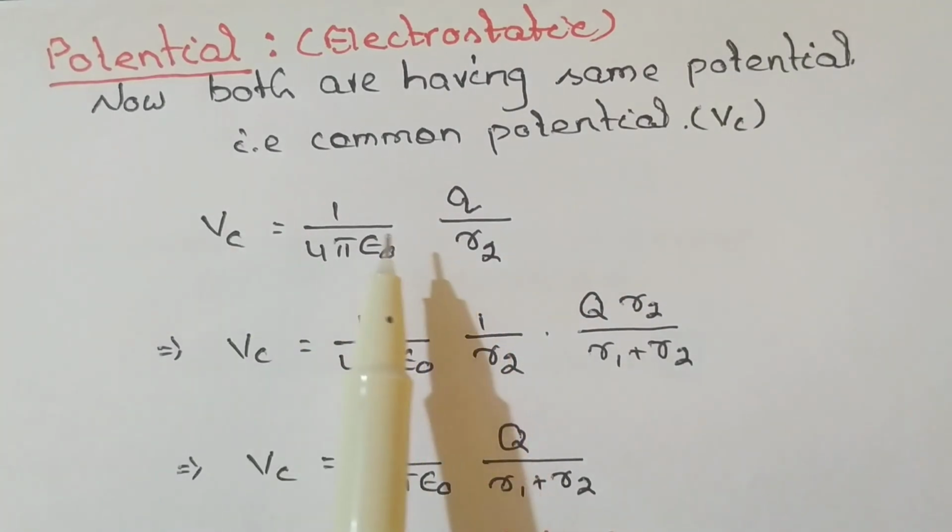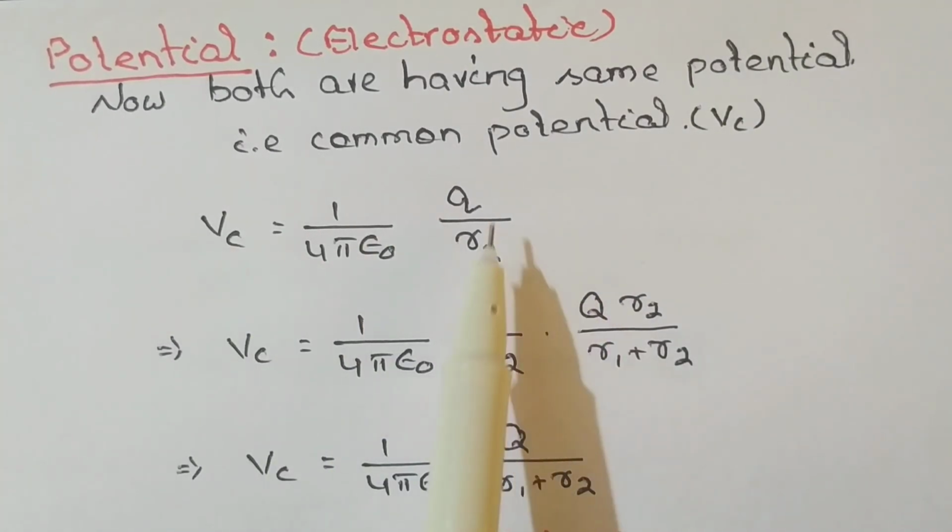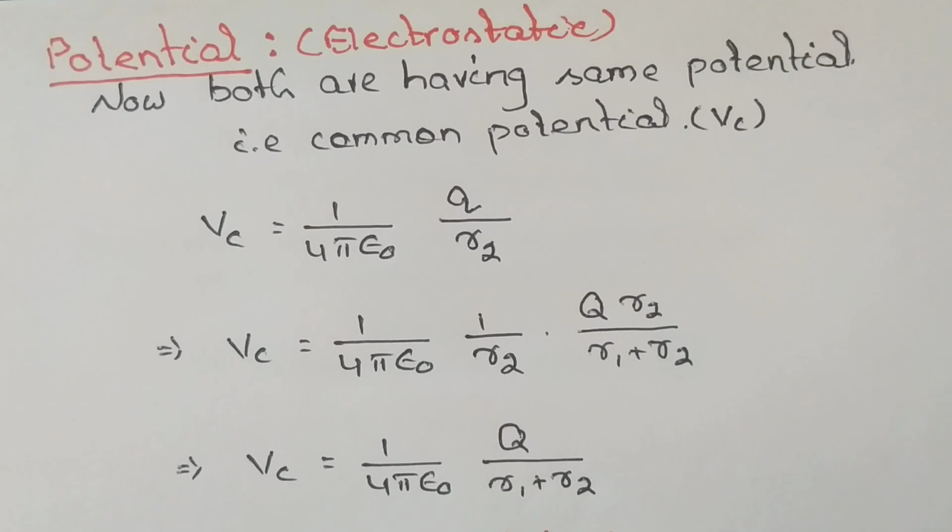Hence VC equals 1 by 4 pi epsilon 0 into q by R2. Either I can use the value of small q in the expression for potential of A, but using the same value in the potential of B is easier for calculating the common potential.